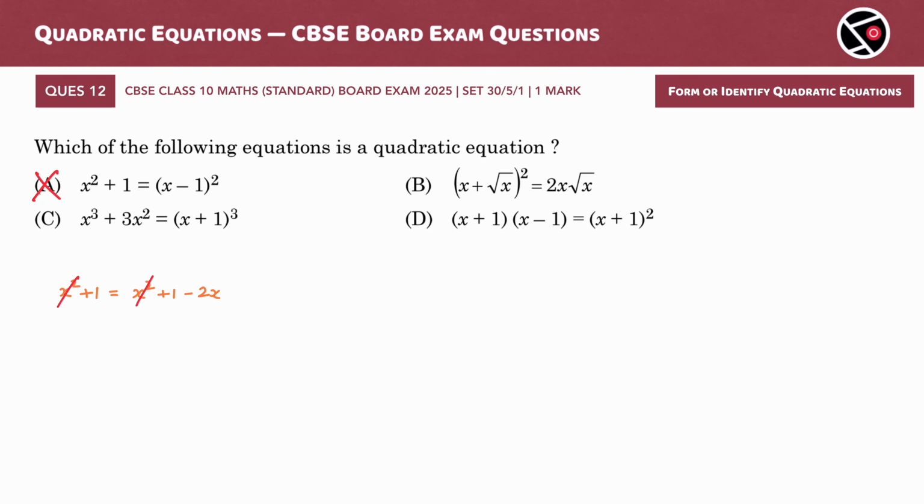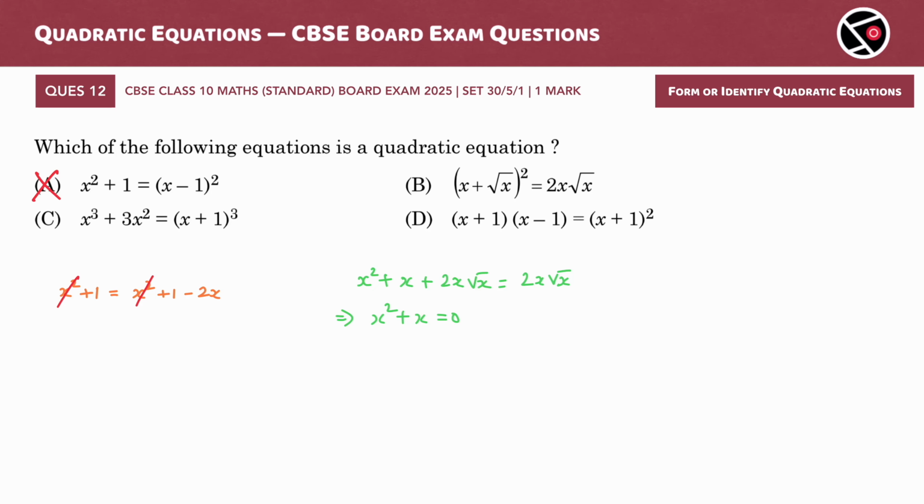Option B. Expanding x plus square root x whole square, we get x square plus x plus 2x square root x equals 2x square root x, or x square plus x equals 0. Option B is definitely a valid quadratic equation, but let's check the remaining options too.